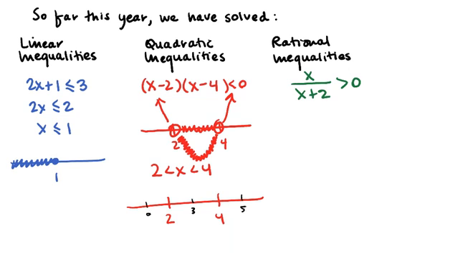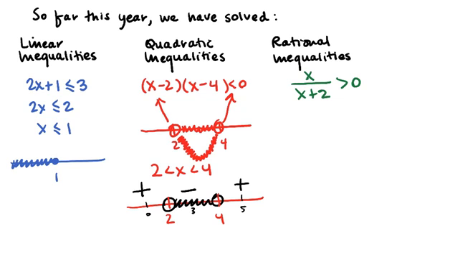And then you would plug in: 3 minus 2 is a positive number, 3 minus 4 is a negative number, positive times negative is negative. And then for 5, both of these things, x minus 2 and x minus 4, would be positive. And if x is 0, I'm multiplying negative by negative, which is also positive. And I'm interested in where this thing is less than 0, so that's going to be through here. Both of these techniques are equivalent.